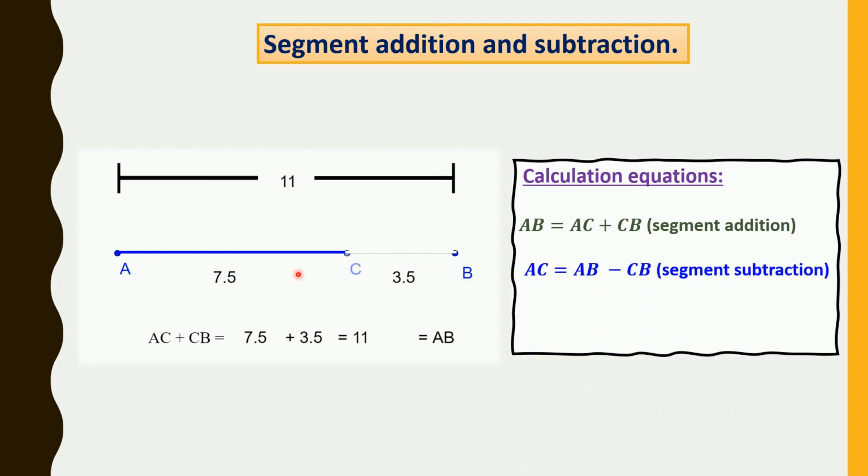So AC is equal to AB minus CB, segment subtraction. Now if I want to calculate the segment CB, from segment AB I need to remove segment AC. So CB is equal to AB minus AC. The reason is segment subtraction.